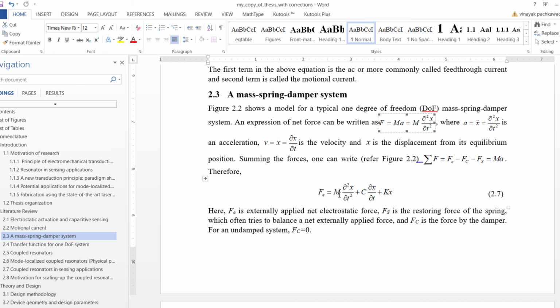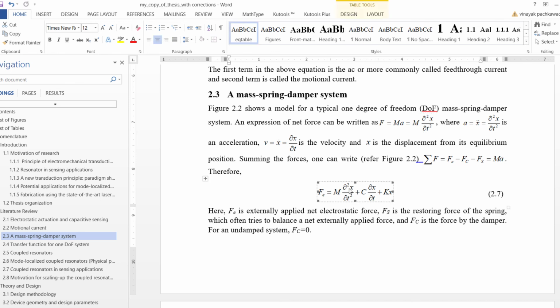So M as it is, A which is over here, that is, the value of A is d square x over dt square, plus C into dx/dt is the damping force, plus kx is the restoring spring force. So that is the expression for the net applied force for the single degree of freedom system.